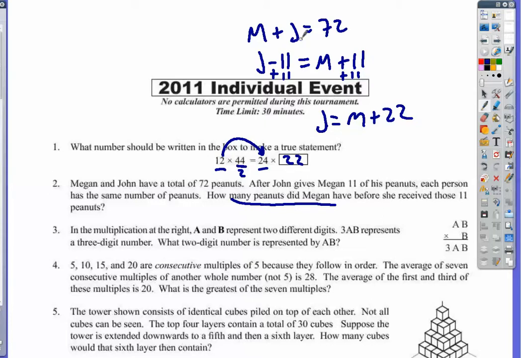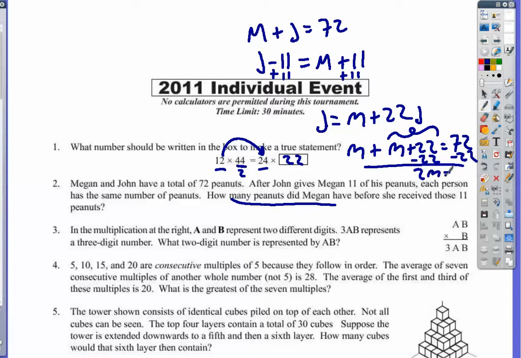So I know that Megan plus 22, again, that is equal to John, is equal to 72. Minus 22, minus 22. And I get 2m is equal to 50, divided by 2, because what's the opposite of multiplying m by 2? Dividing by 2. 50 divided by 2 is 25. So Megan has 25 peanuts.